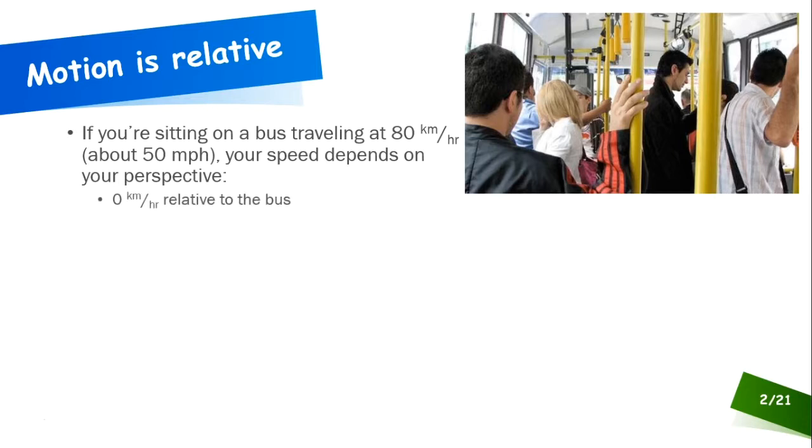So, for example, relative to the bus, you're not moving because you're moving with the bus. However, from the perspective of someone standing on the ground, you're moving at 80 kilometers an hour because you're moving at the same speed as the bus, and so you have 80 kilometers per hour from the perspective of the ground.